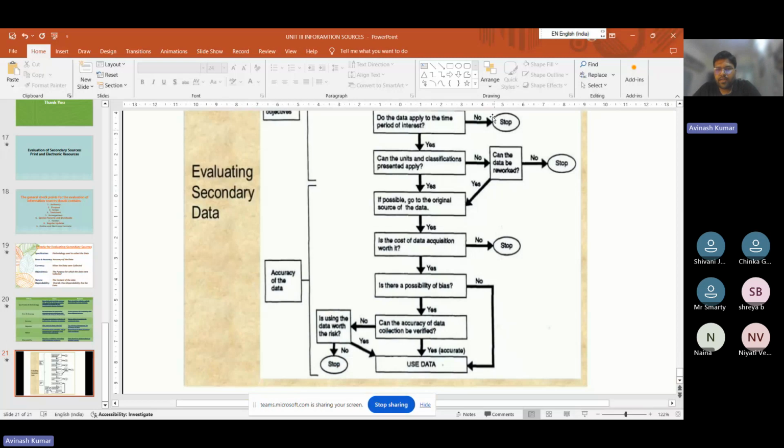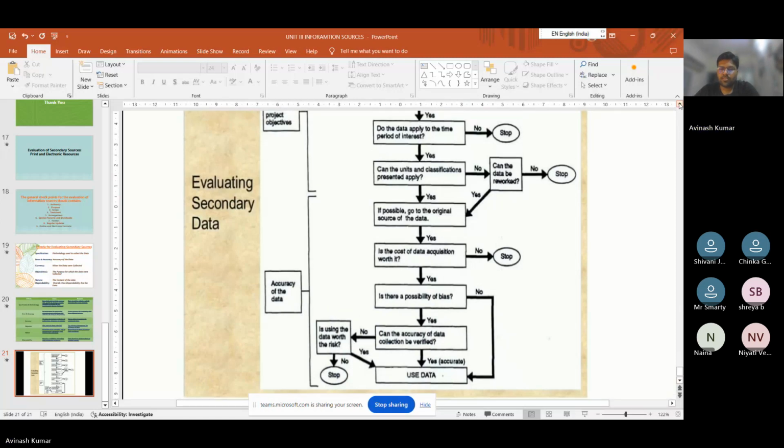Okay, and next these are the data collection, acquisition. After these things you can see the useful data, last is the useful data. Then you can use it. If it is not useful, then you can stop here. So this is the picture of evaluation of secondary data.